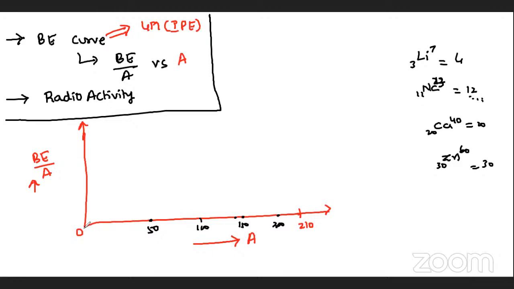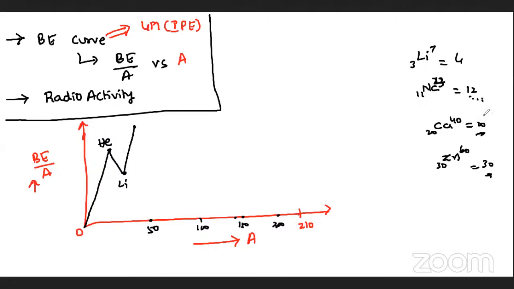So as the mass number increases, binding energy will also increase. Due to this additional neutron, lithium is having an additional nucleon, and due to that, binding energy per nucleon will decrease. Here it is helium, this is lithium. Whenever it is having an equal number like this, 20 and 30, then the binding energy per nucleon increases.